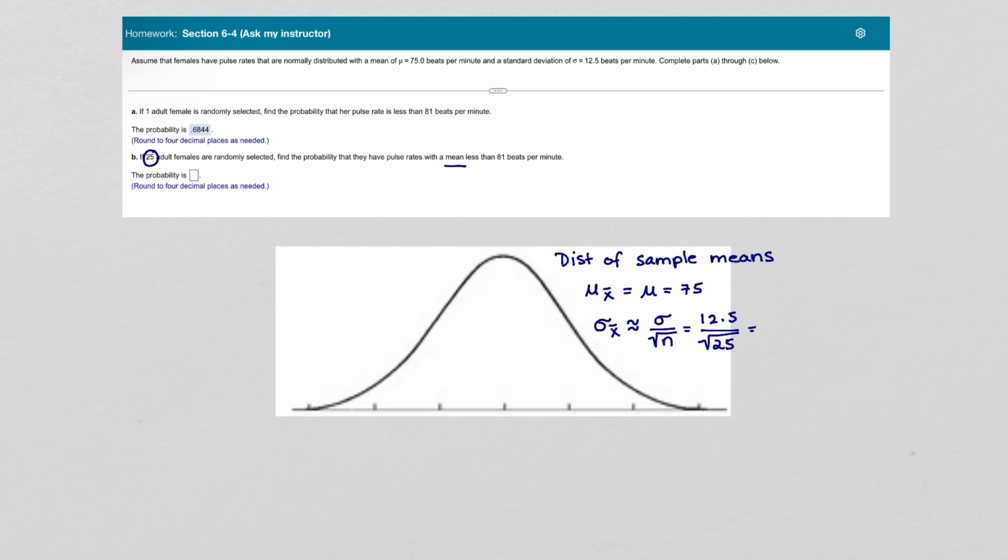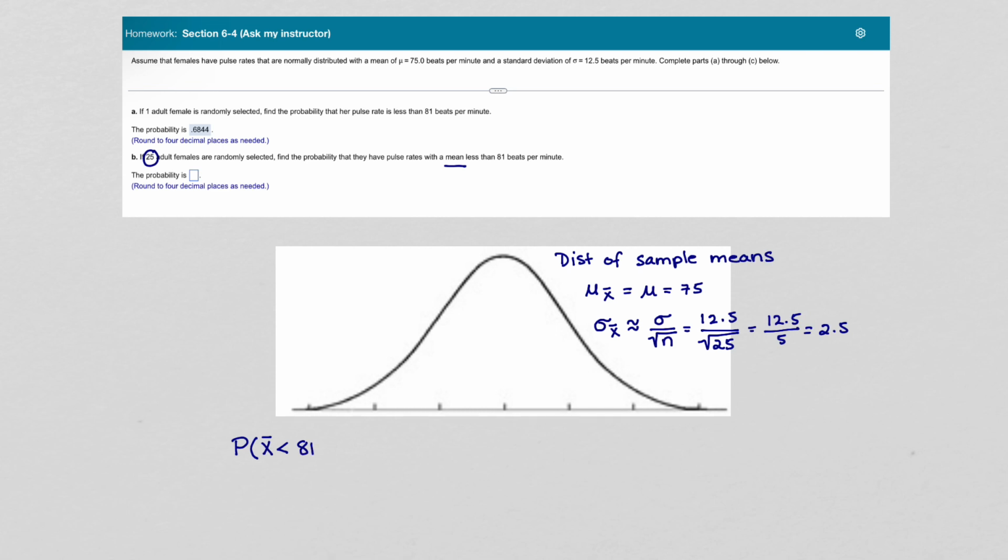But you could also calculate this and find out that we have 12.5 over 5 and divide that and get 2.5. So you can find 2.5, or you can type it in as the 12.5 divided by the square root of 25.